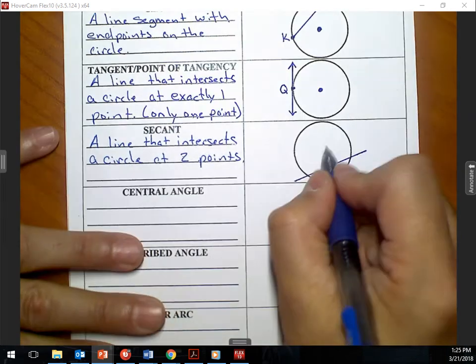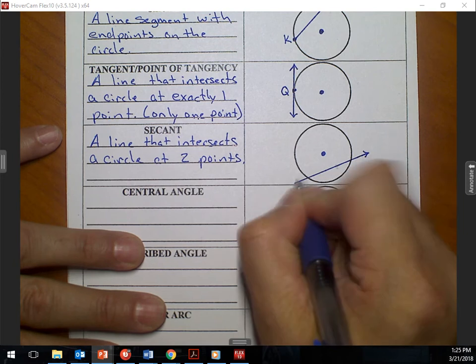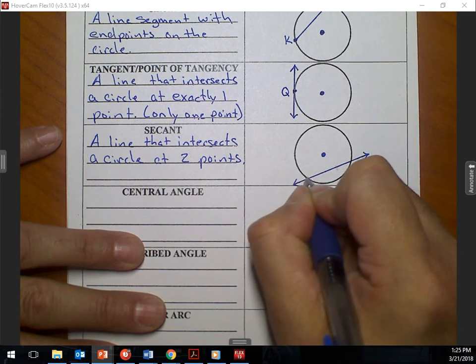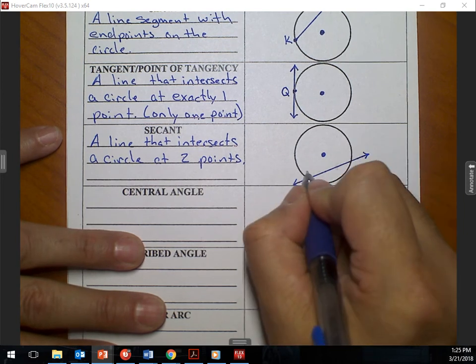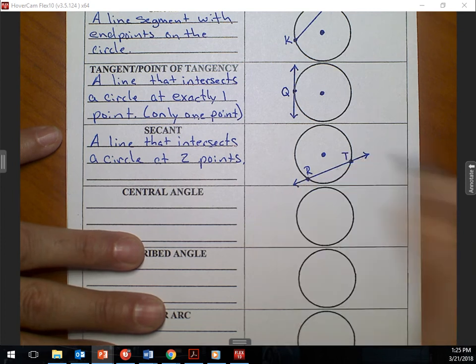Center. I'll call this one right here R, and call this one right here T.